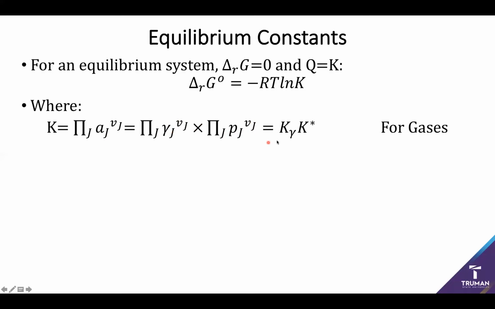And so in this case, we can express our K as K gamma. So this is essentially our kind of fudge factor equilibrium constant, and our K just in terms of the partial pressures. So many times this is the K that we tend to make use of, and we tend to try and hope that we can ignore the activity coefficients.